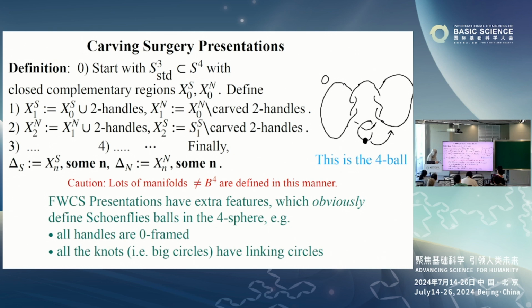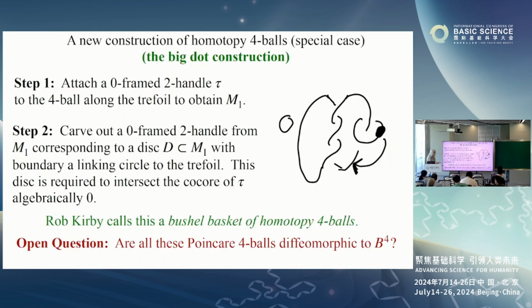But before that, let me take a slight detour, which suggests the following problem, which is more general. You have the trefoil, and now you're adding a 2-handle to the southern ball along the trefoil, 0-framed. Now here we're out of the category of slice, because the trefoil isn't slice.